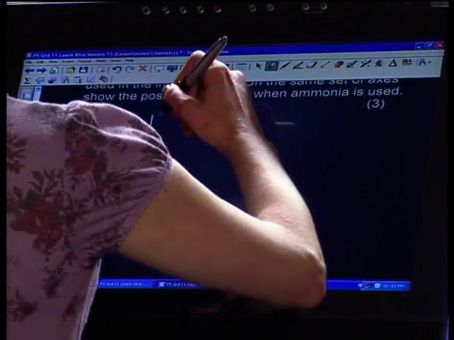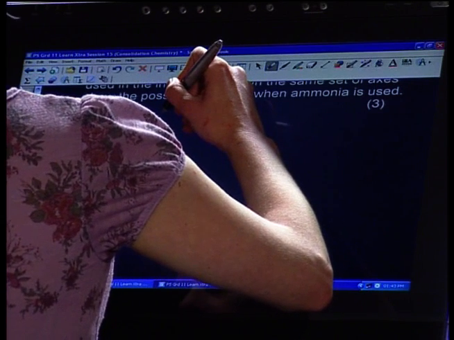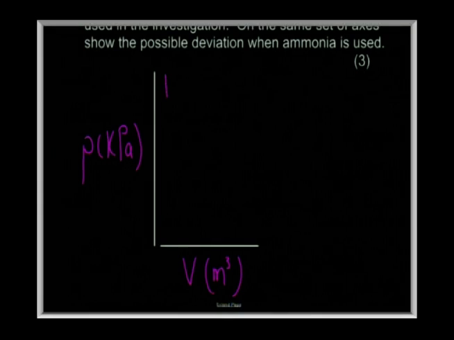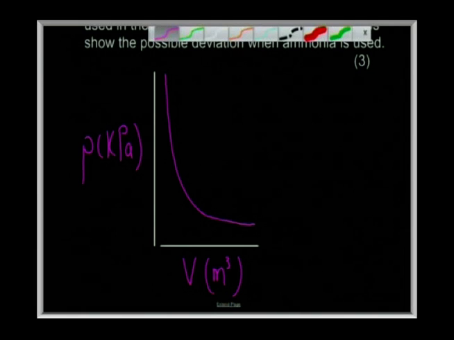So firstly, we just need to think of what is the relationship between pressure and volume anyhow. Now, the more the pressure, the smaller the volume, and the bigger the volume, the less the pressure, right? So my ideal gas, I'm going to draw it in pink, like that. Now I'm going to use a different color to draw the graph for ammonia.